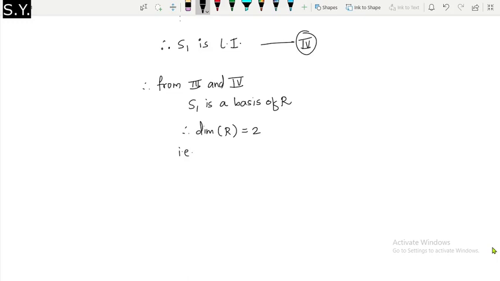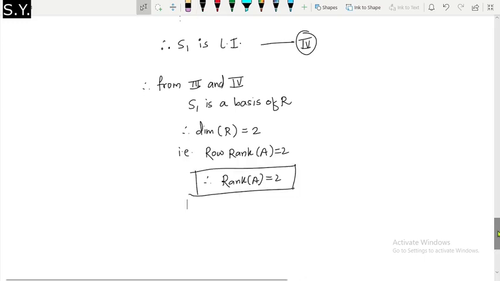Row rank of A is equal to 2, and therefore rank of A is nothing but 2, because row rank is nothing but column rank and it is nothing but our rank, and that is what we wanted to find. I hope you got it, and you can even check the answer by our usual method by applying some elementary row operations. Okay, you can see that rank is 2 only.